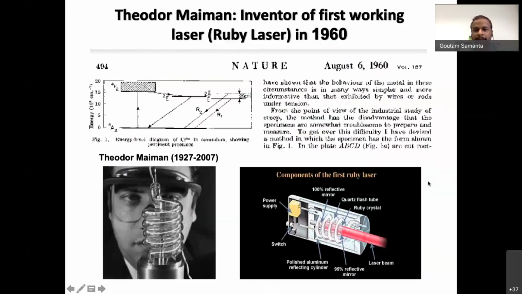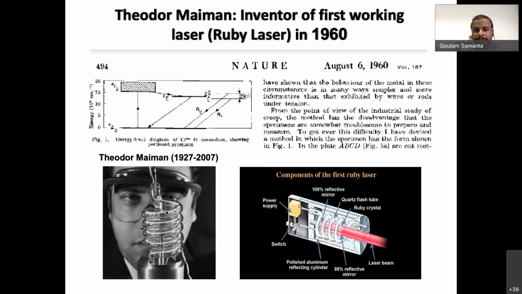The research topic I am talking about today would perhaps not be possible without the invention of this man, Theodore Maiman, who invented the first working laser in 1960. During that time there was a huge competition for the development of a laser, because a maser was there, which is in the microwave range. People were just trying to bring this to the optical domain to develop lasers.